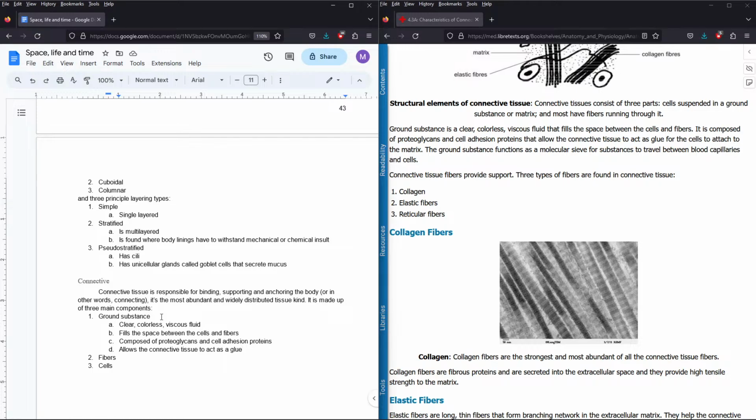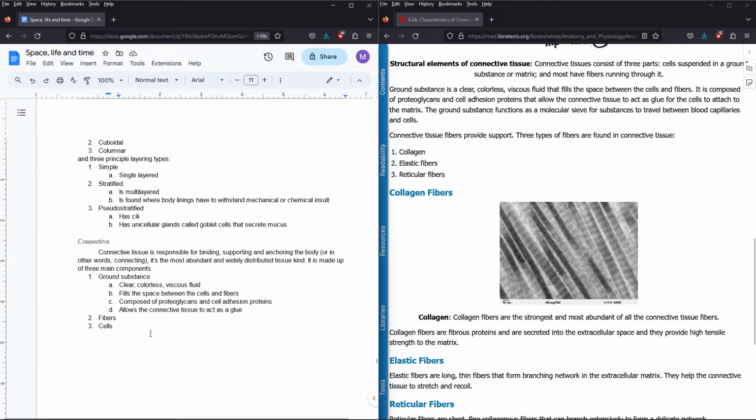Connective tissue fibers provide support. 3 types of fibers are found in connective tissue: collagen, elastic, and reticular. I'm guessing reticular comes from the same root as the endoplasmic reticulum, which, as I mentioned, I'll never forget now.